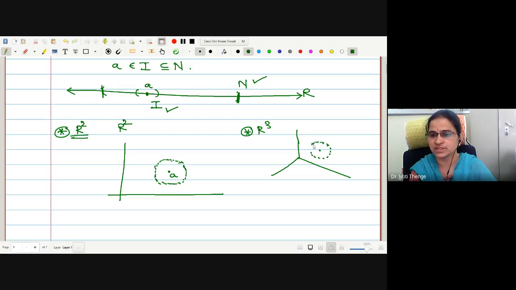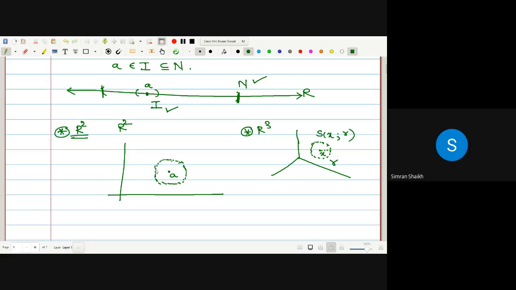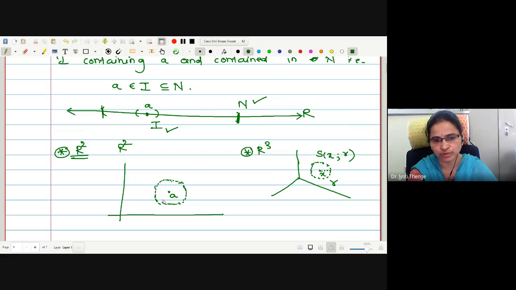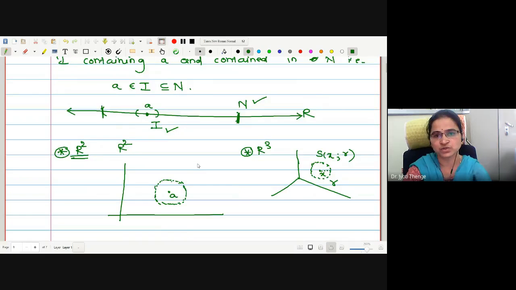It's an open sphere, and the symbol we are using is, suppose this is a point X and the sphere has radius R, S(X; R). This open sphere acts as a neighborhood for the point X, an open disk acts as a neighborhood of the point A, and on the real line an open interval acts as a neighborhood of the point. Therefore, as you change your underlying domain space, the concept of a neighborhood changes accordingly.